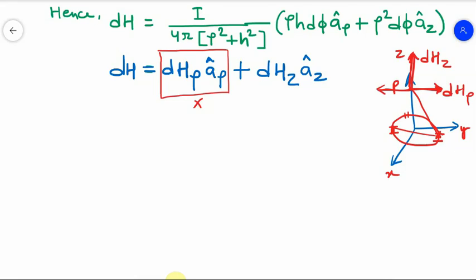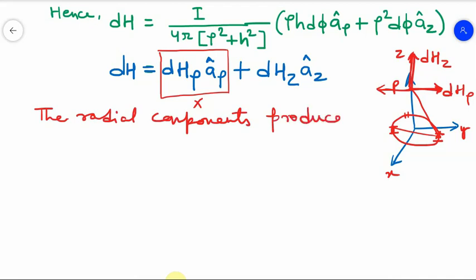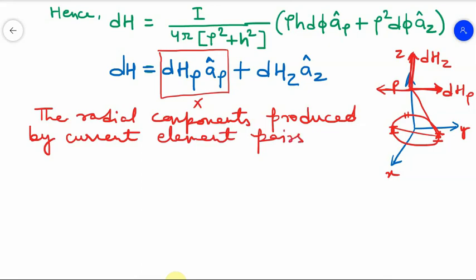So the radial components produced by current element pairs 180 degrees apart cancel each other.